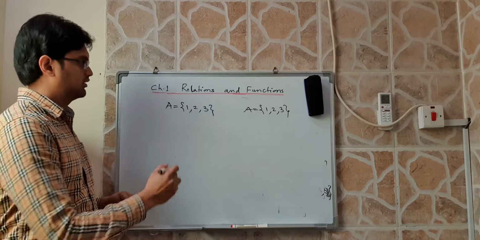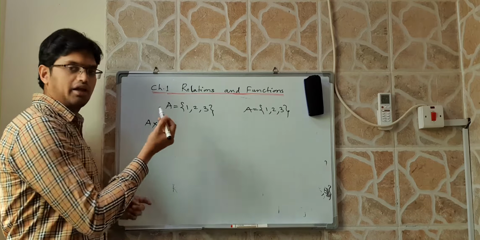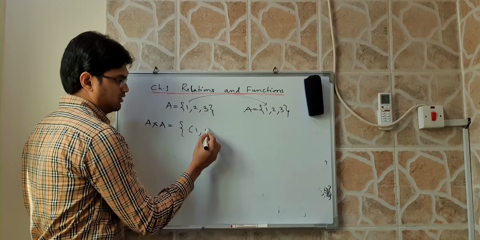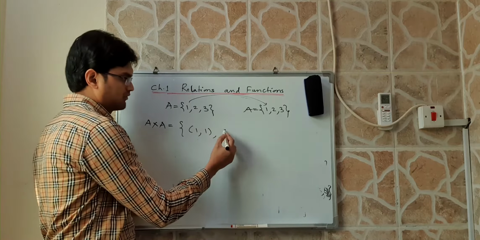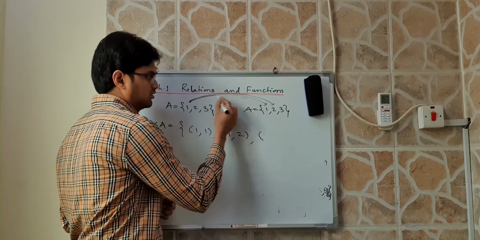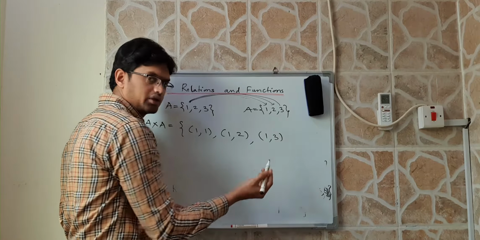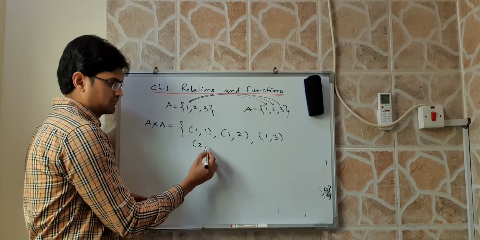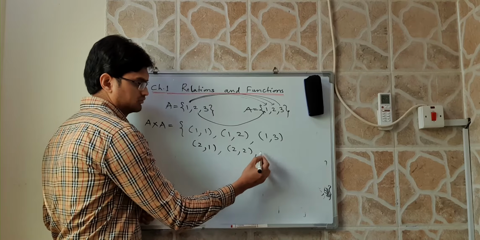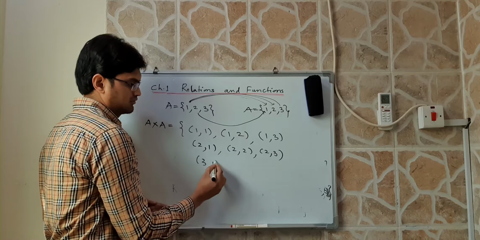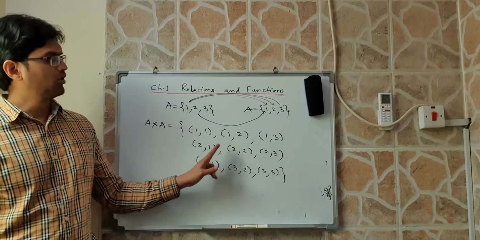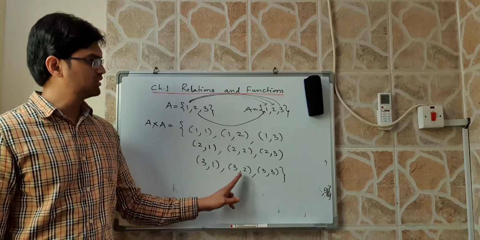So now let us try to find A cross A, the Cartesian product, which is equal to (1, 1), (1, 2), (1, 3), (2, 1), (2, 2), (2, 3), (3, 1), (3, 2), (3, 3).